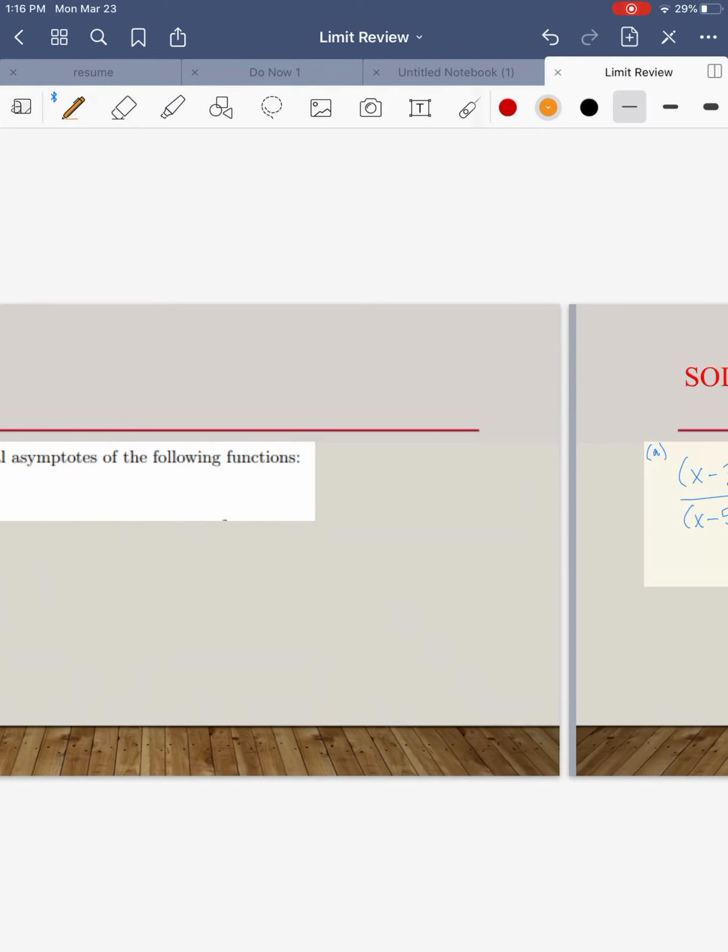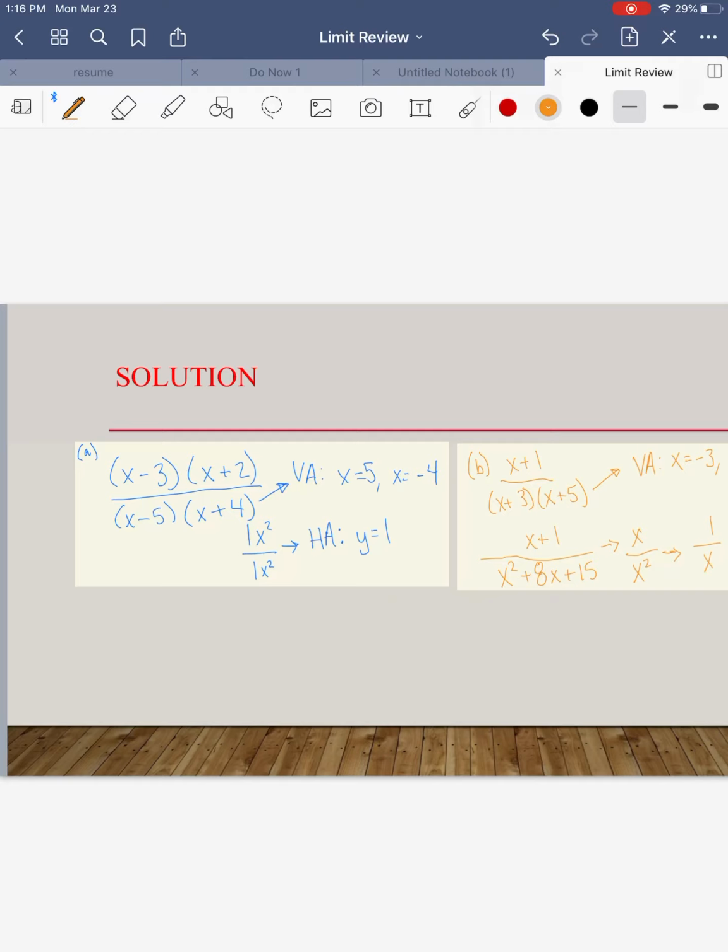Okay, welcome back. So here's the solution. Basically, all I did was factor out the top, factor out the bottom. Remember, the bottom gives us our vertical asymptote because it's a limit where the bottom where we cannot divide by 0. And so when x is equal to 5, our bottom is 0, and when x is equal to -4, our bottom is 0.